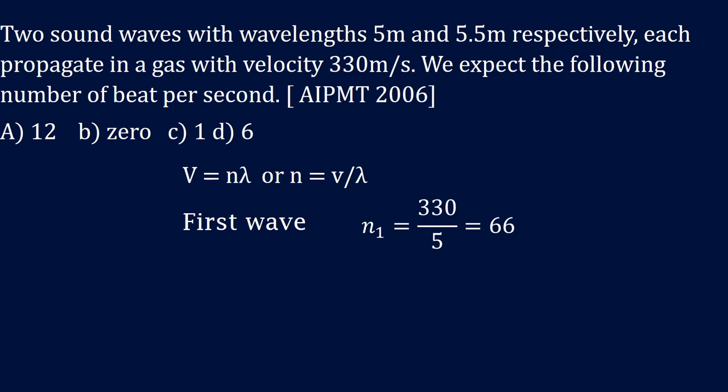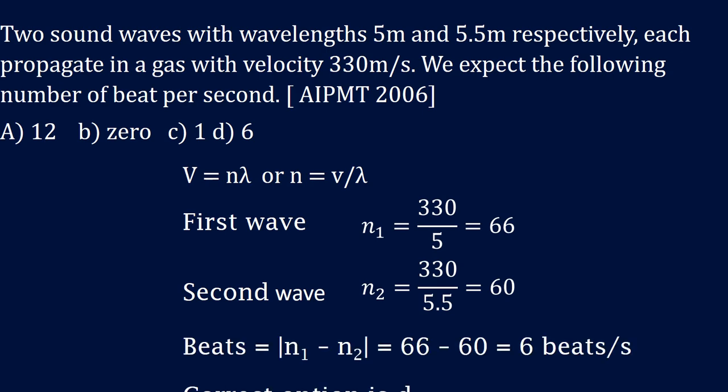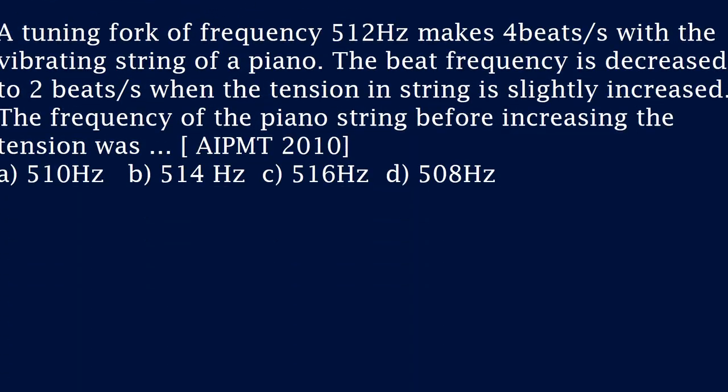Therefore, n = v/λ. For the first wave, n1 = 330/5 = 66. For the second wave, n2 = 330/5.5 = 60. Therefore, beats = |n1 − n2| = 66 − 60 = 6 beats per second.